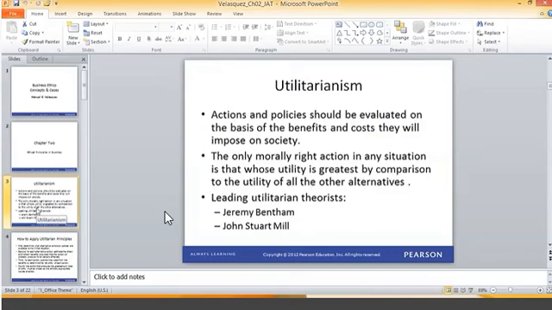This is the first one. Concept of utilitarian approach or utilitarianism. This is a concept, this is a theory, right? So what is this all about?